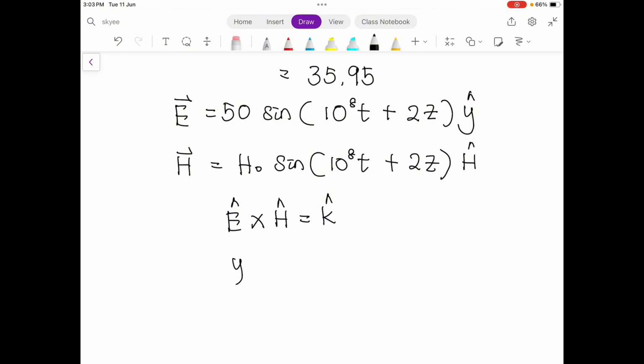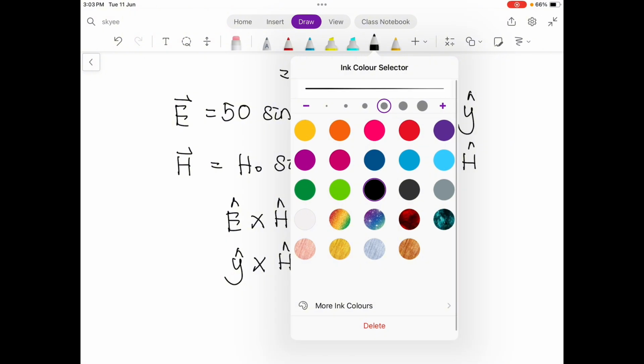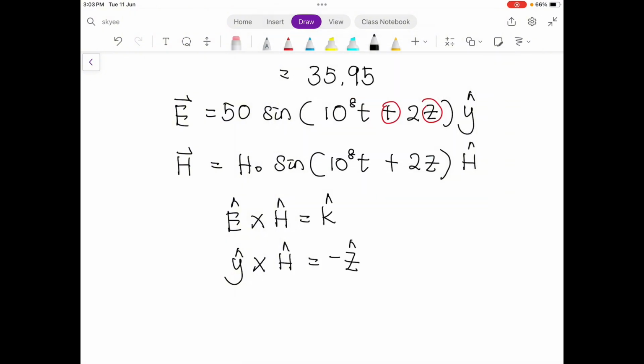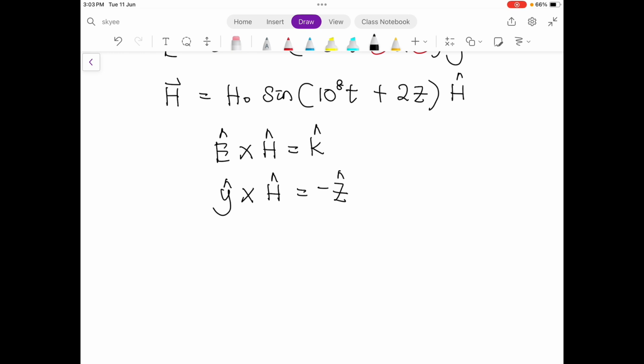The electric field is in the Y direction, the direction of H we have no idea, and k is negative Z. So the direction of H will be X, since Y cross X gives negative Z. So you can replace this one with X.